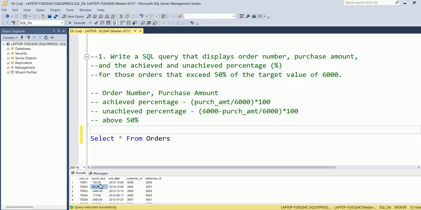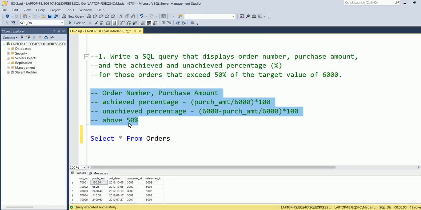Then the unachieved percentage: out of 6,000 we subtract the purchase amount, which is nothing but the unachieved amount. To get it in percentage, again divide by 6,000 and multiply by 100. Then we have to filter it above 50%.